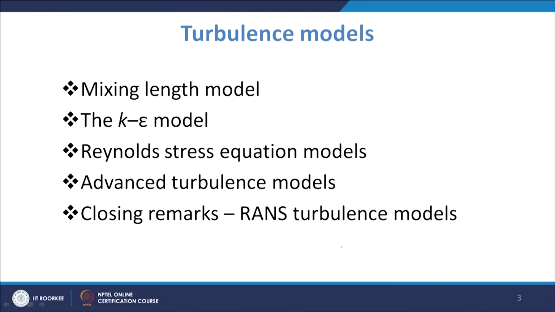That is why it is known as the mixing length model. Then you have the K epsilon model, where you have two equations for K and epsilon, and based on that we find mu t. Then you will have other models like Reynolds stress equation models and other advanced turbulence models. So, this we will see.